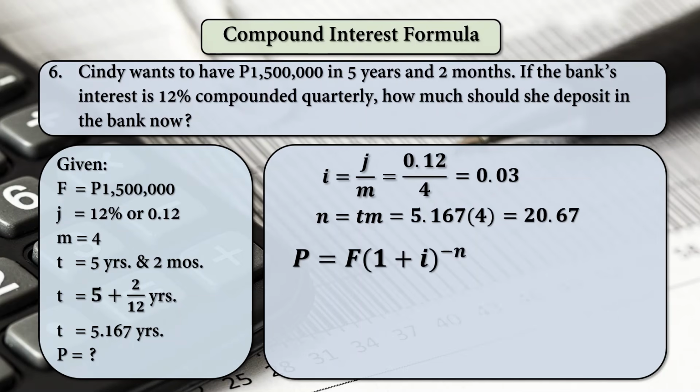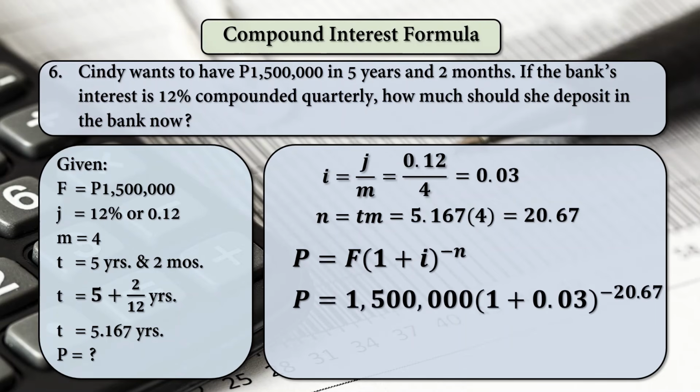So back to our present value formula, F times the quantity of 1 plus I raised to negative N. 1.5 million times 1 plus 0.03 raised to negative 20.67. So that is equal to 814,307 pesos and 84 centavos.